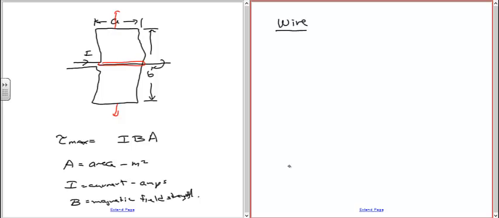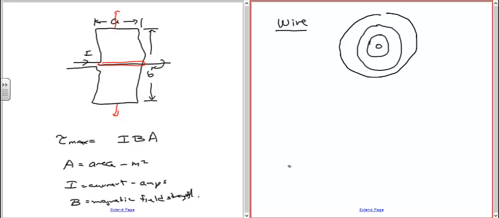Remember what we had is, here's the wire going in, and you had magnetic field lines that went around this. And there's a distance from the center of the wire to some point in space. And let's say the current I is in towards the screen.